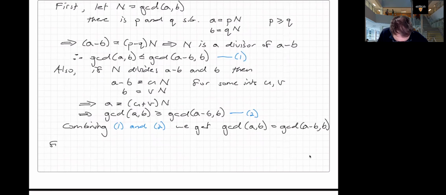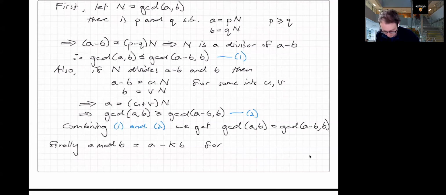Okay, and then the last part is just that finally, A mod B can be written as A minus KB for K equal to the floor of A over B. Right, that's just the definition of modulo. And so from that, we can basically chain together this argument.